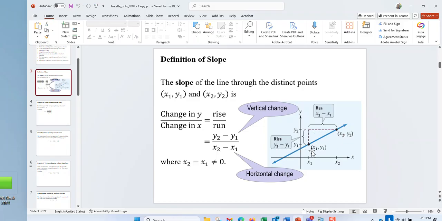So the vertical one is y2 minus y1, the horizontal one is x2 minus x1, as long as x2 minus x1 is not equal to 0, right?